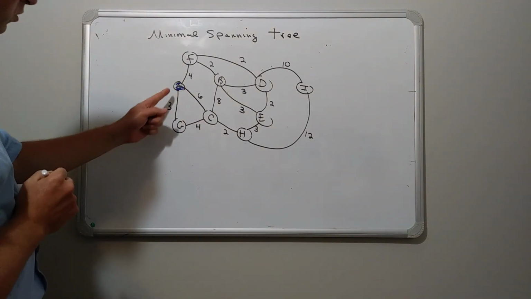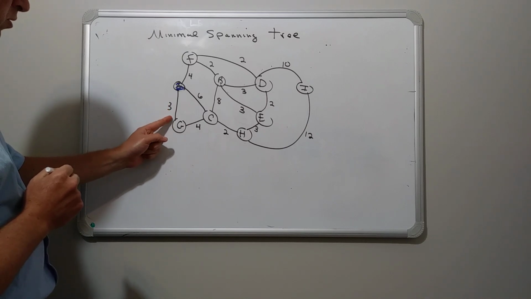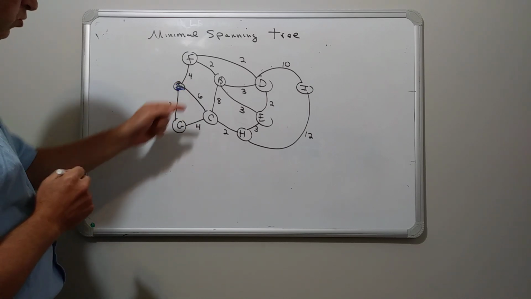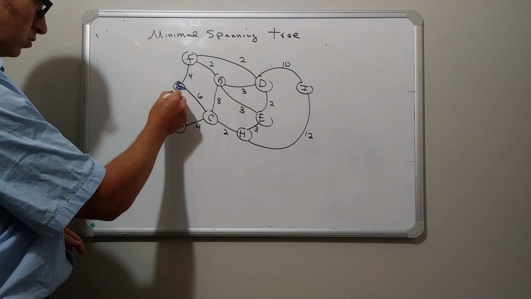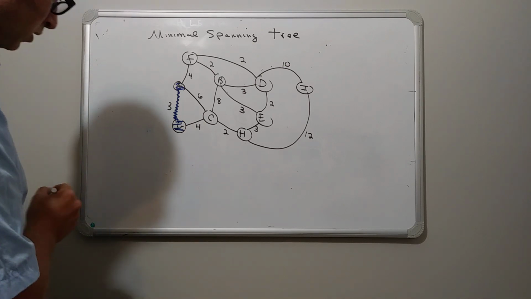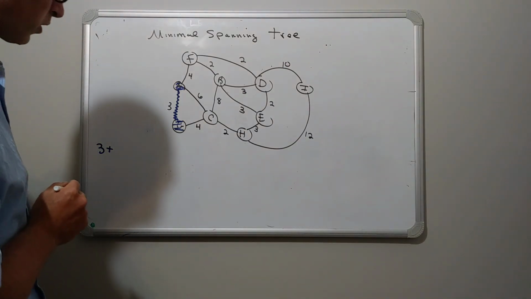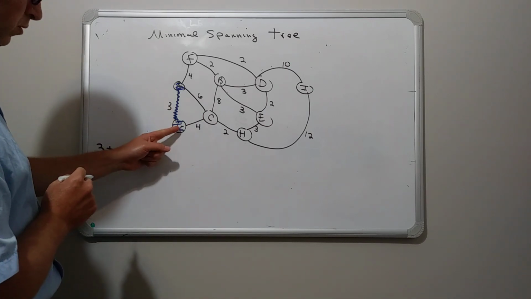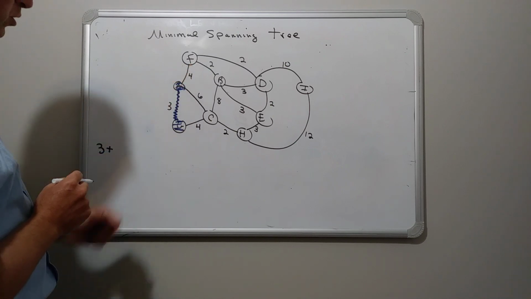Okay. From A, the closest neighbor would be 3, 6, or 4. 3 is the answer. So reinforce that connection and say 3. From G, there's 4, but there's also a 4 here.